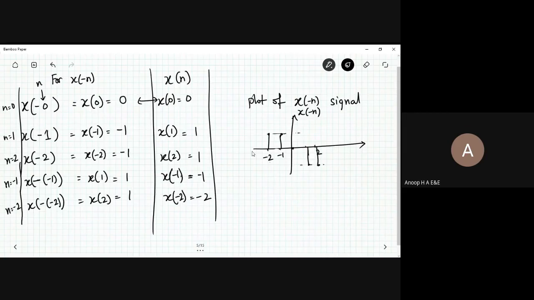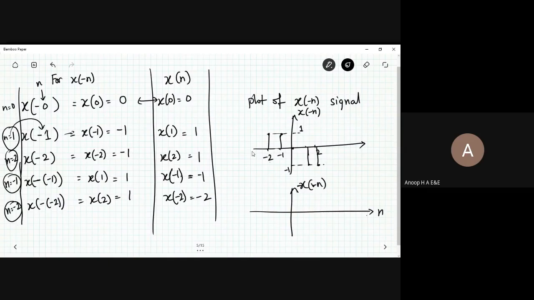Okay, so don't get confused. These are the n values that I've listed out here. After putting these n values, this is what you are going to get for x of minus n. So next, this is 1 here and this is minus 1. Next, you need to multiply x of minus n by minus 1, that is minus x of minus n.